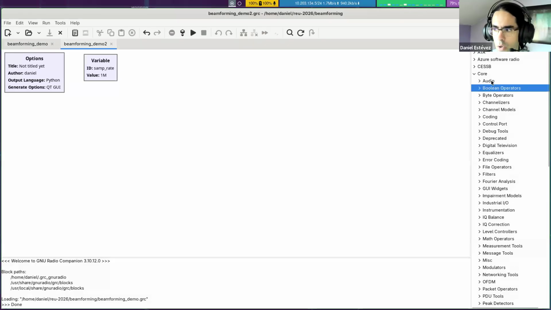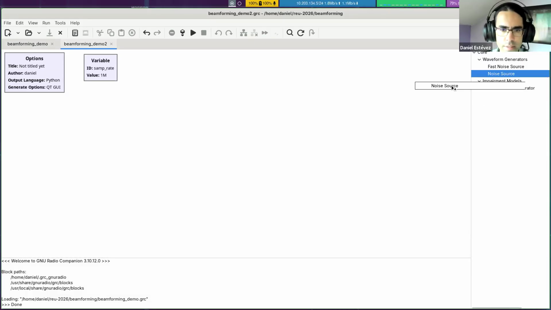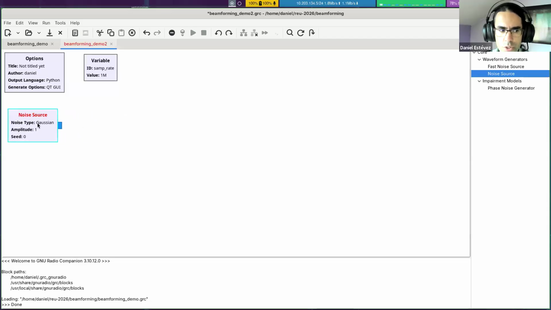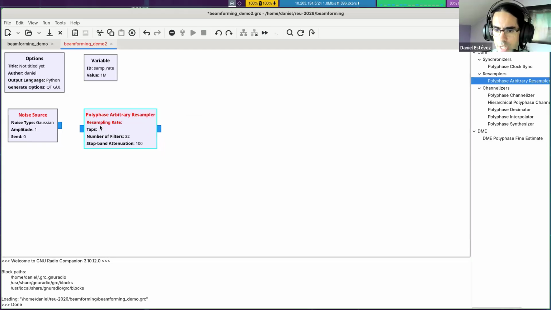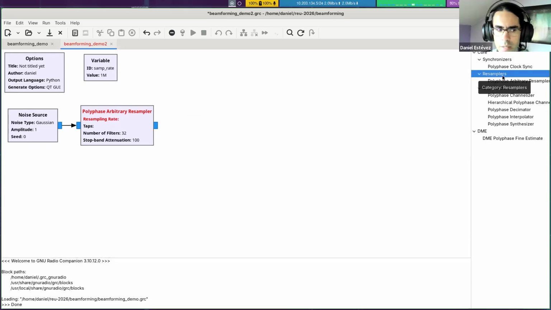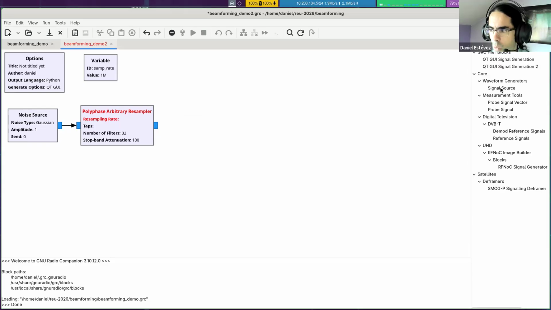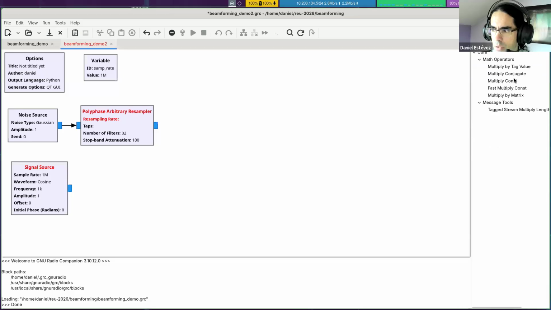That's the goal, and as a reminder of how we did that last time, we have this noise source, which is Gaussian. Then we have a polyphase arbitrary resampler to change the sampling rate so that this is not white anymore, so that it doesn't occupy the whole spectrum, but only a portion of it. If we want to shift this in frequency to place it in a particular location of the spectrum, we had a signal source and a multiply block.